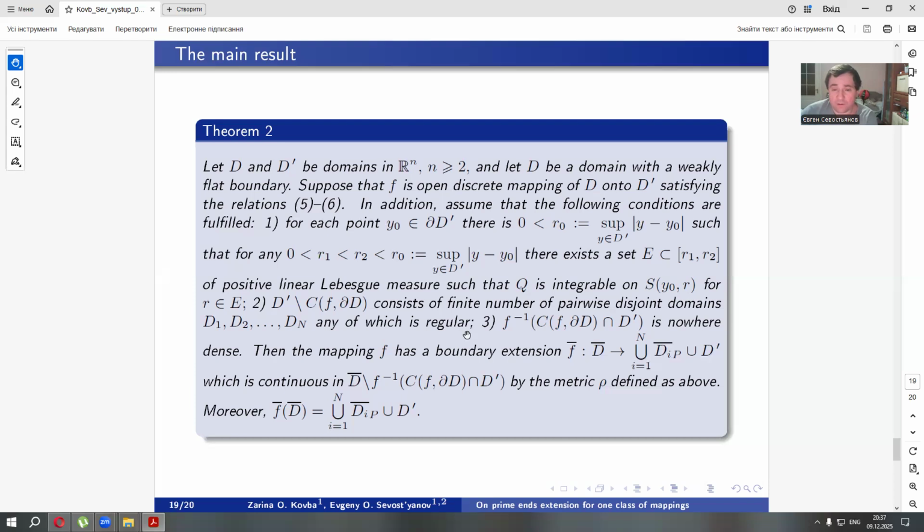And if f^{-1} of the prime image of this set is nowhere dense, then the mapping f has a boundary extension of this type, which is continuous in the corresponding set by the metric rho defined as above. Moreover, f dashed from D dashed equals this space.